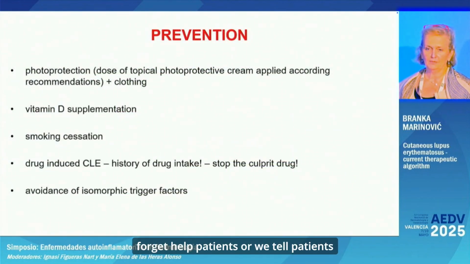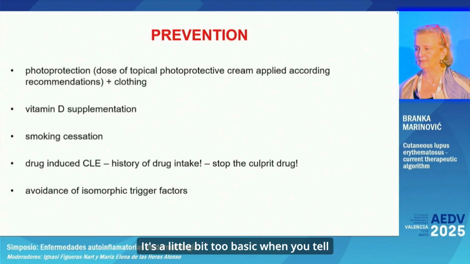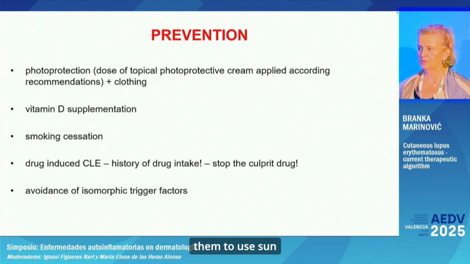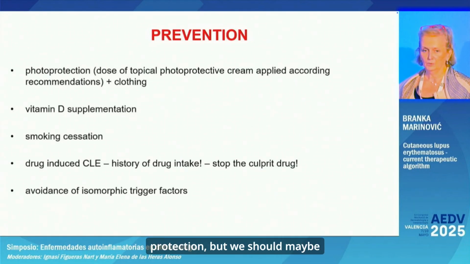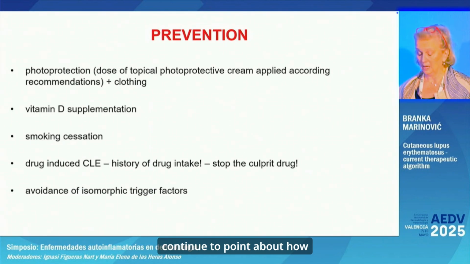What we sometimes forget to tell patients, or we tell patients, but patients don't listen because for them it's a little bit too basic, is to use sun protection. But we should maybe continue speaking about that and continue pointing out how important it is.